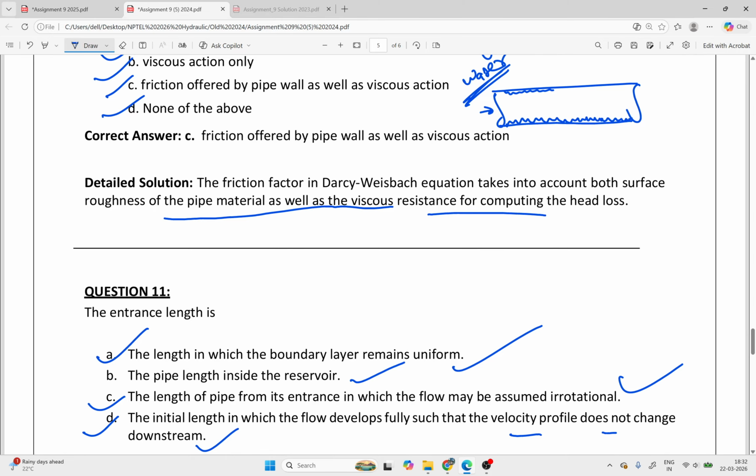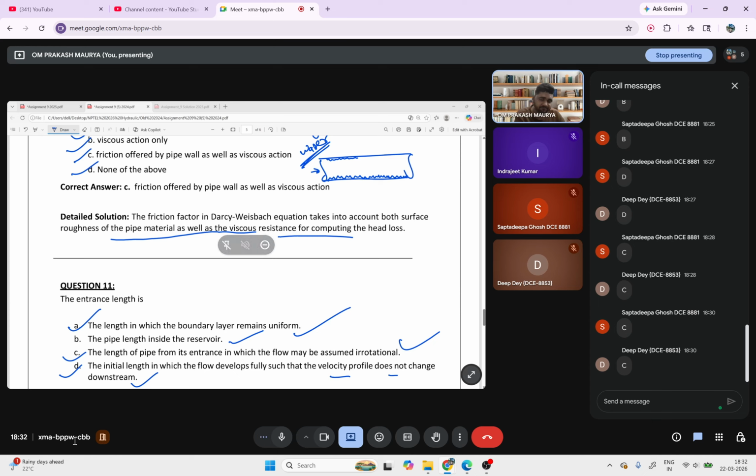So here you have the four options. Just try to write your answer please for question number 11. Very easy question, as I have discussed many times. Just read first very carefully each option one by one, then think on that.